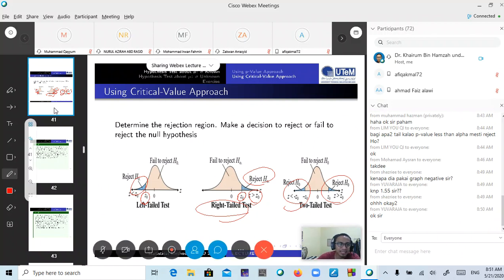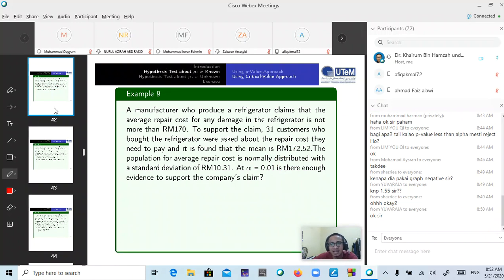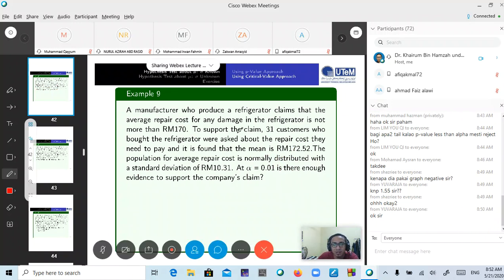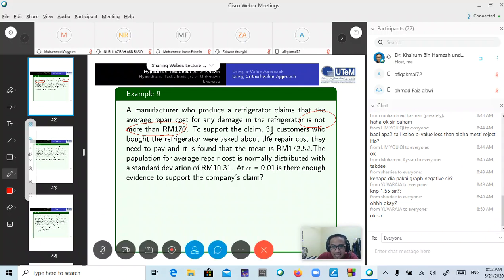Okay, look at the example. A manufacturer who produces refrigerators claims that the average repair cost for any damage in the refrigerator is not more than 170. Look, not more than. What is the symbol for not more than? You must know all that. The sample of 31 customers is your n.